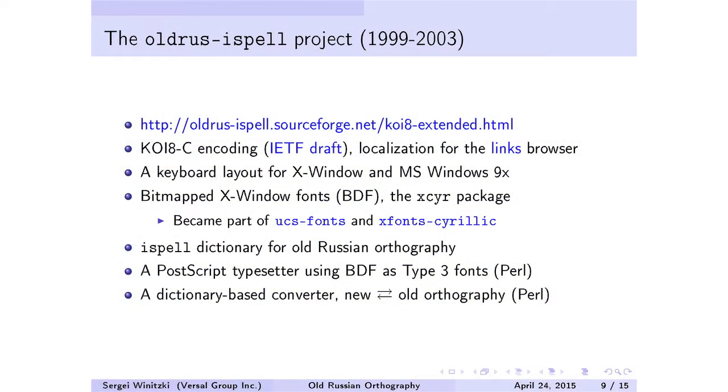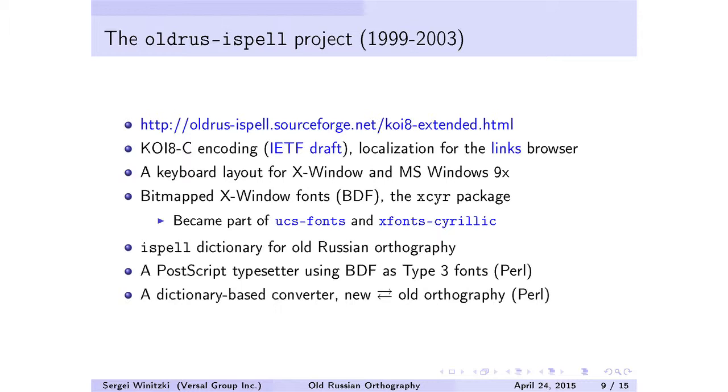So what did I have to do back then? I prepared, first of all, an 8-bit encoding. There was no practical way of doing anything without an 8-bit encoding. So I changed a few characters in KOI8, and I made an encoding. I made a localization for a text mode browser called Lynx.